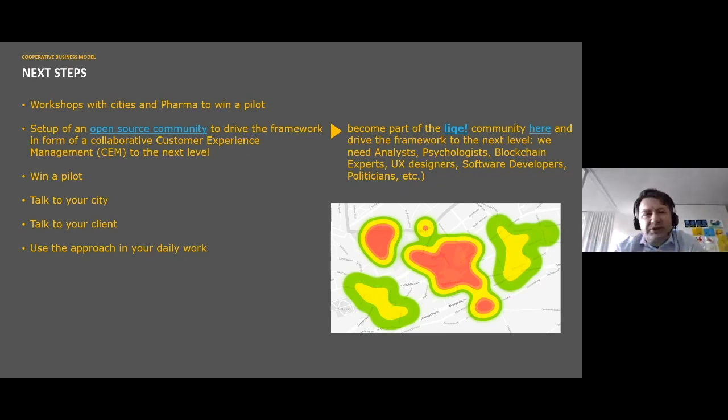If you are interested to support that kind of a framework, we need analysts, psychologists, blockchain experts, user experience designers, software developers, etc. And then test that kind of an approach within a concrete framework called customer experience management.